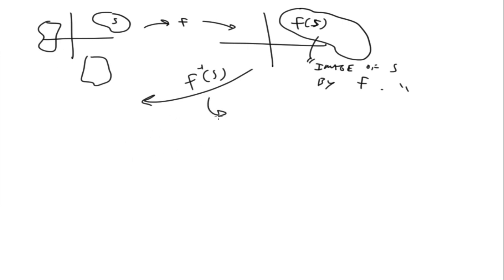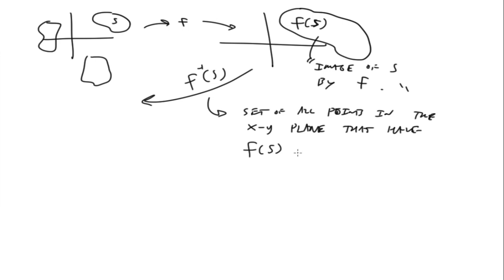And the idea here is, this is the set of all u comma v points, it's the set of all points in the xy plane that have f of s as the image.